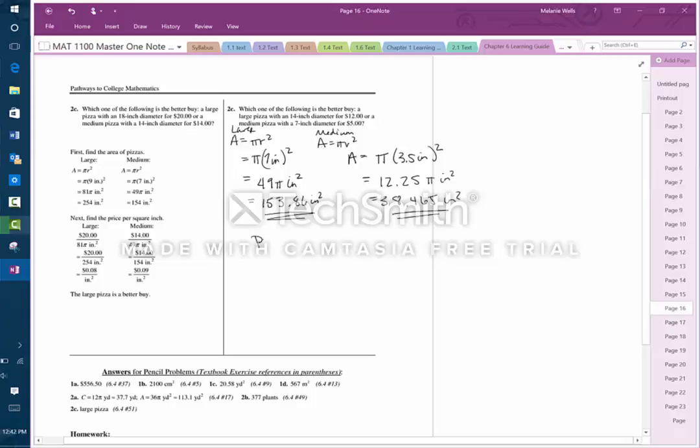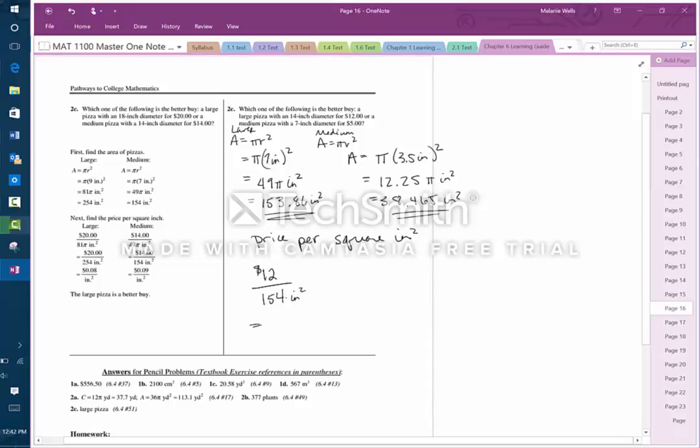So if we put these both in a form of price per square inch, which gives me the unit price, first of all, the large was $12 for, let's round that to 154 square inches.